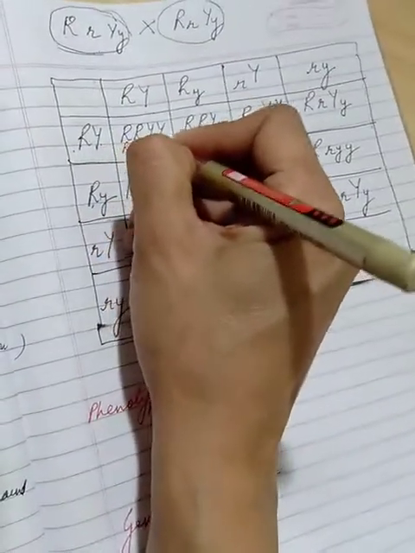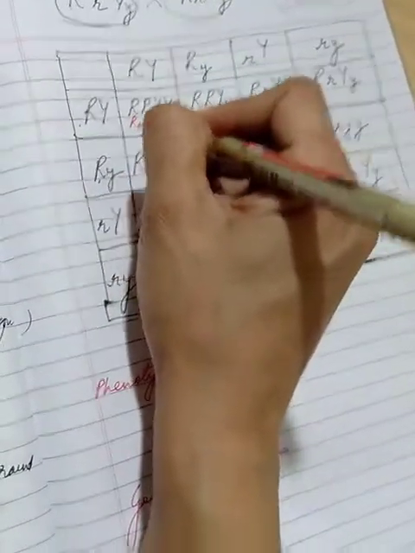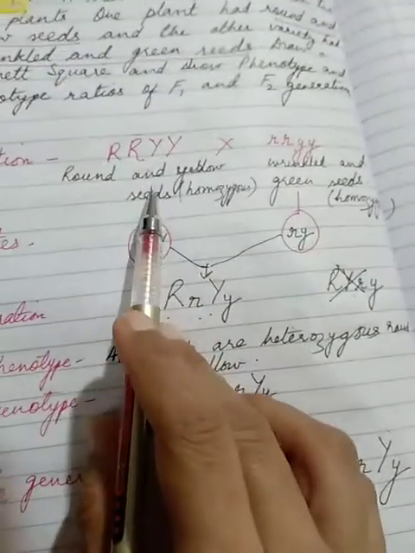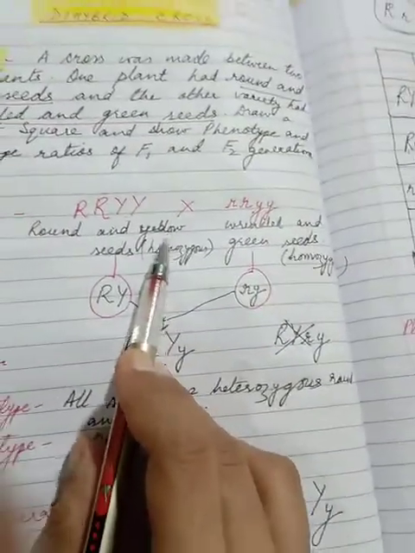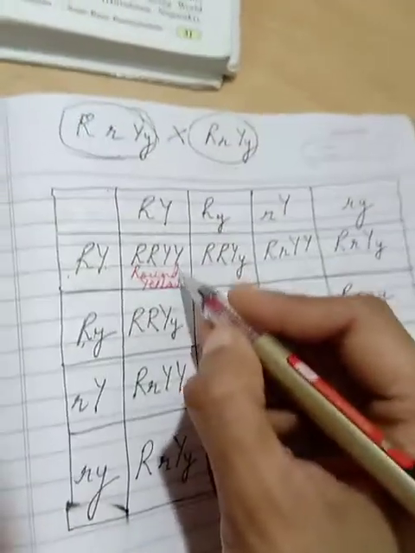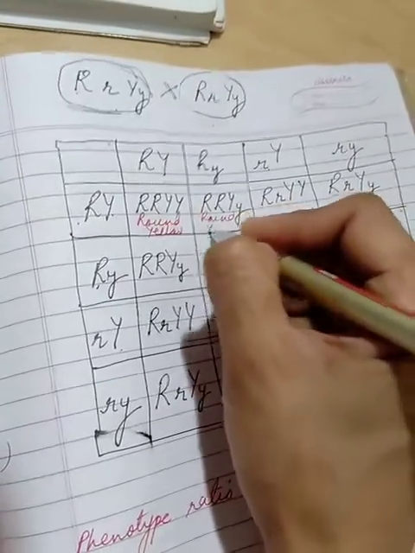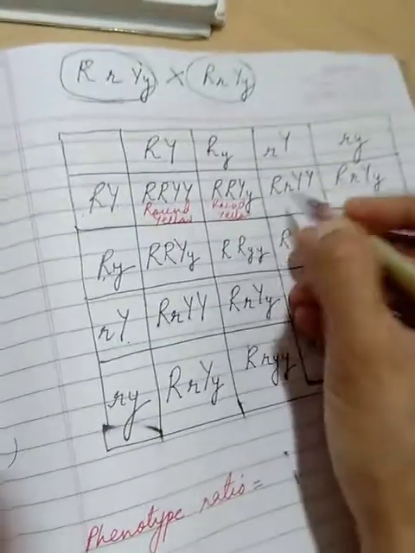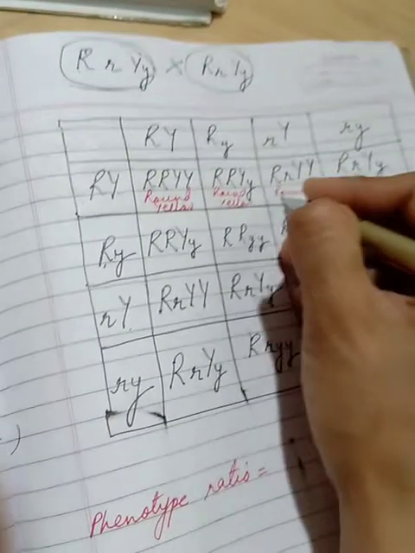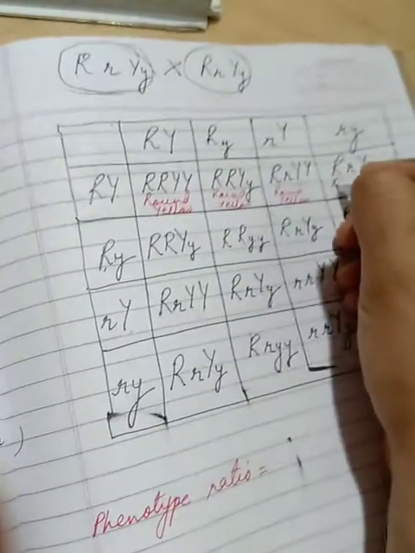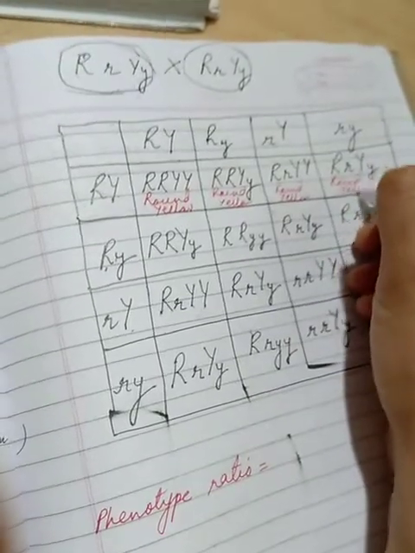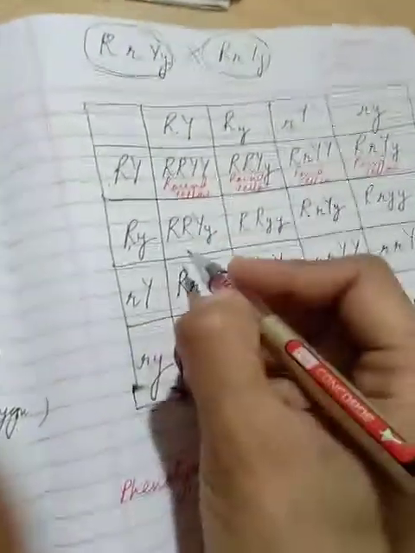They will be round and yellow, because R, remember, we had done for round color and yellow was for dominant yellow color. So round and yellow, what is this going to be? Again round and yellow. What is this? Round and yellow, and again round and yellow. What will be this?